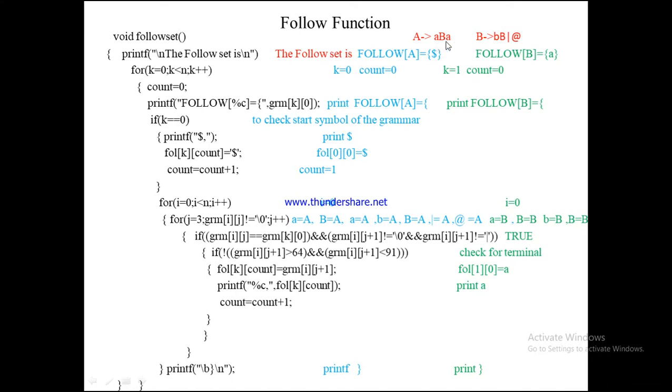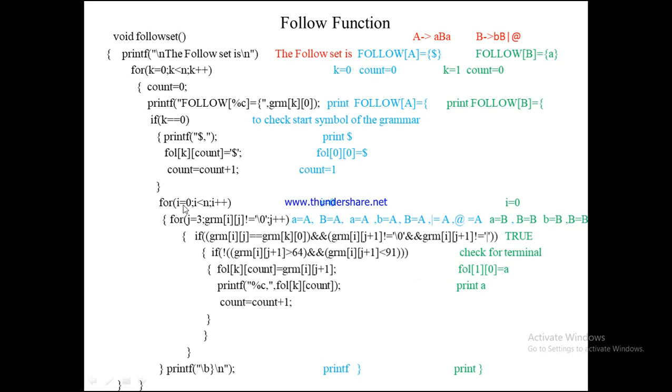Because if I have a capital A anywhere here, I need to check what is there in the follow of that capital A. In this particular example we do not have a capital A in the body of either production, but we have to check that, so for checking that we are using this entire for loop.